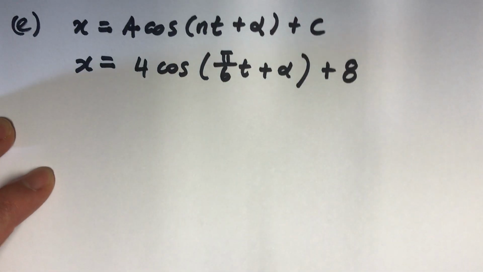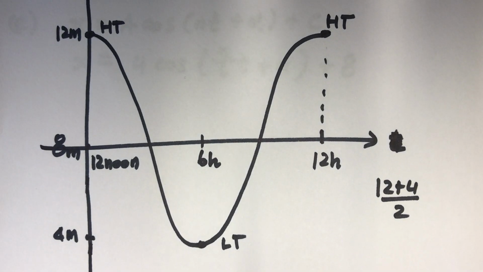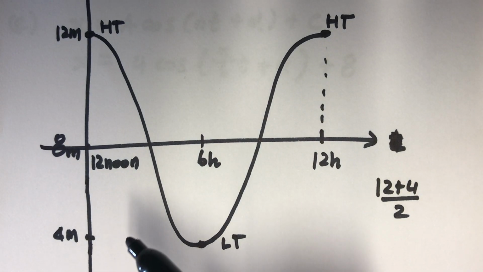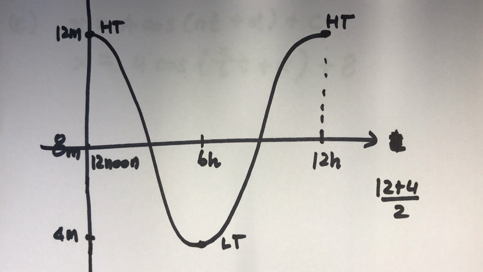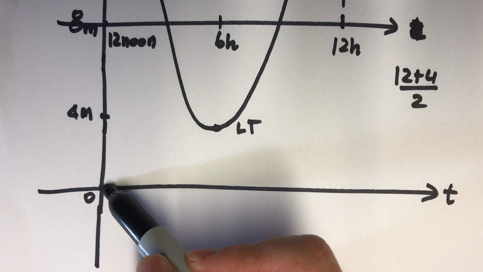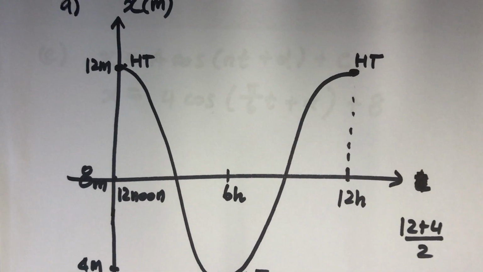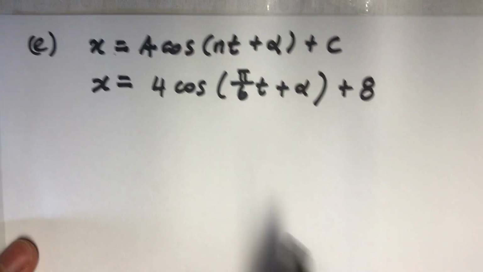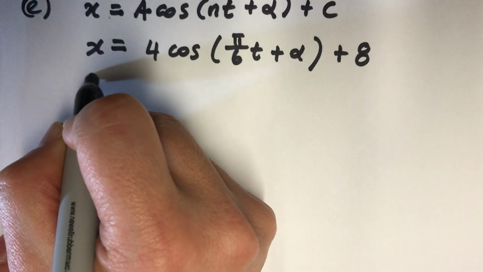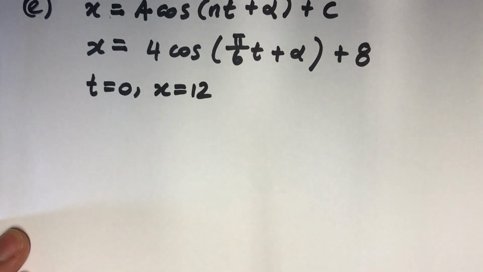Now from the diagram here, when t was 0, what was x? 12. Okay, so I'm going to substitute. When t equals 0, x was 12.